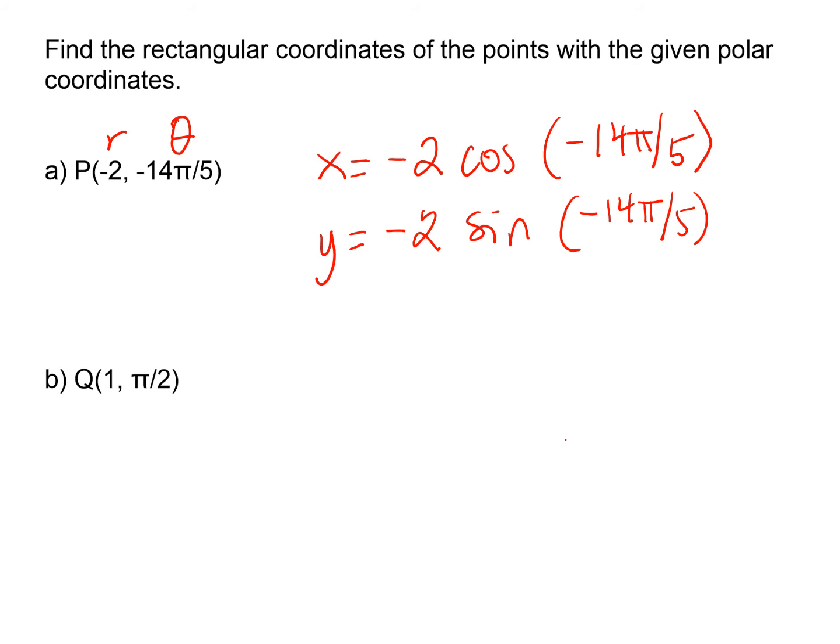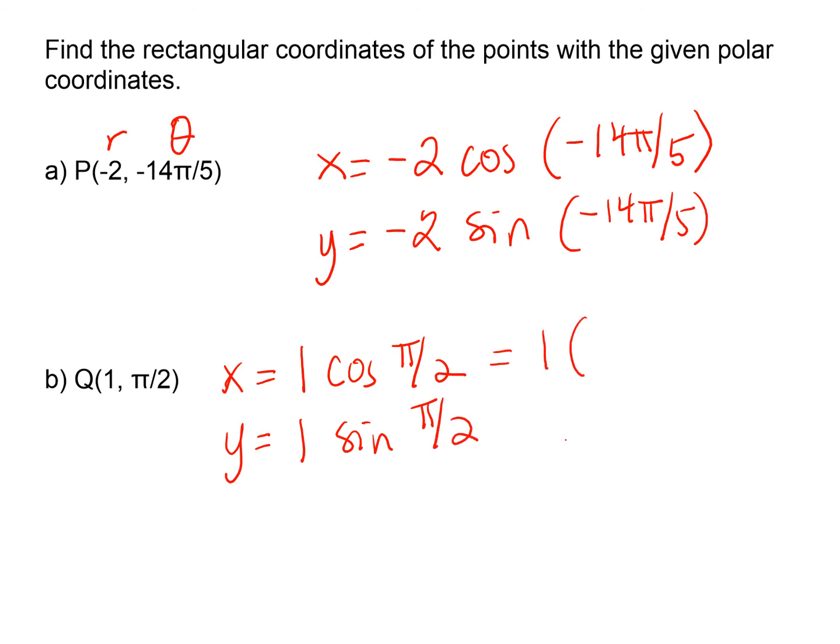For example B, we're going to do the same thing. This one I am going to simplify, which will allow me to review a little bit of our unit circle, which is always good. So we have 1 cosine of pi over 2 and 1 sine of pi over 2. The cosine of pi over 2, remember pi over 2 is straight up.